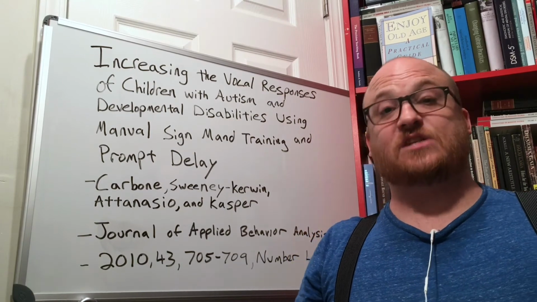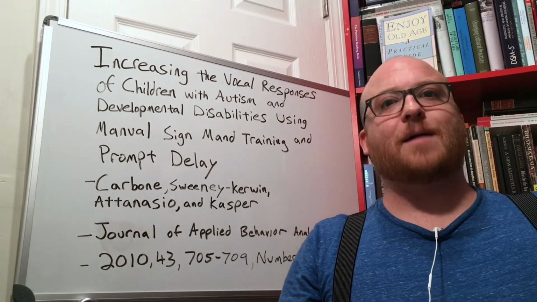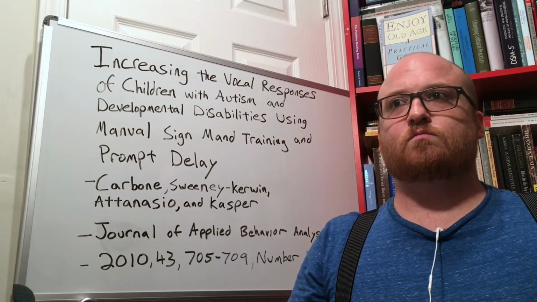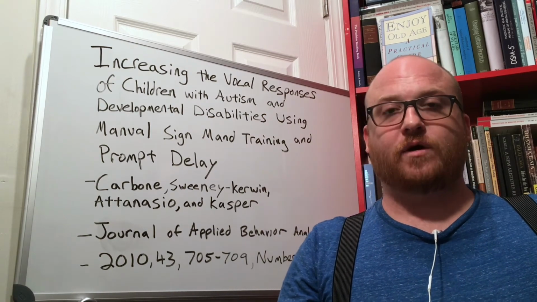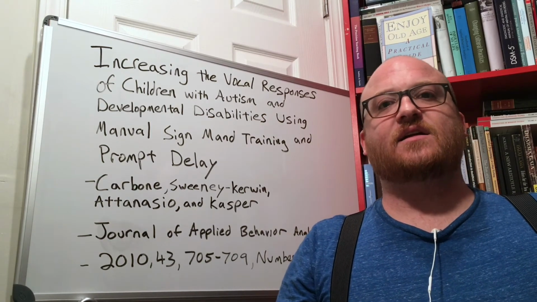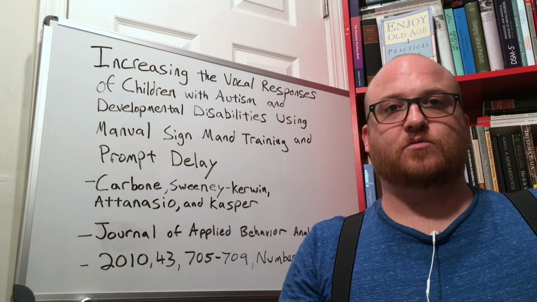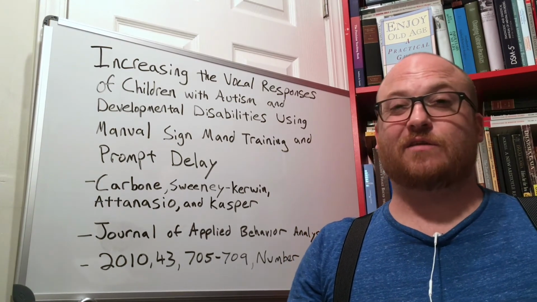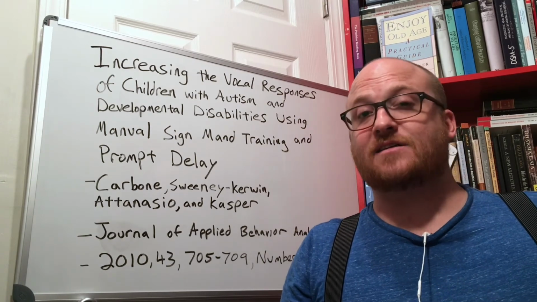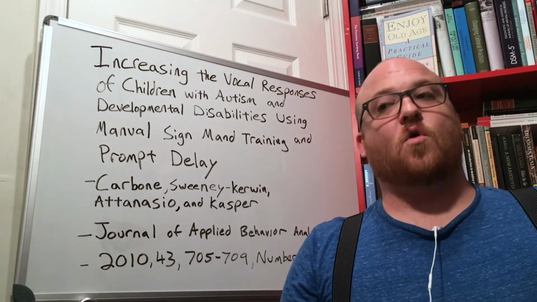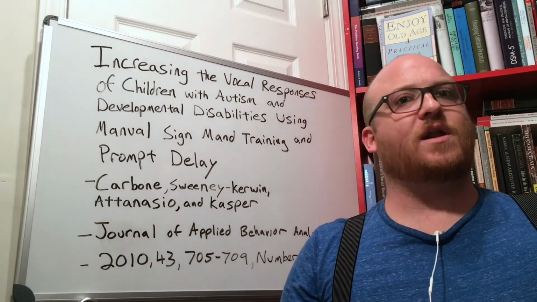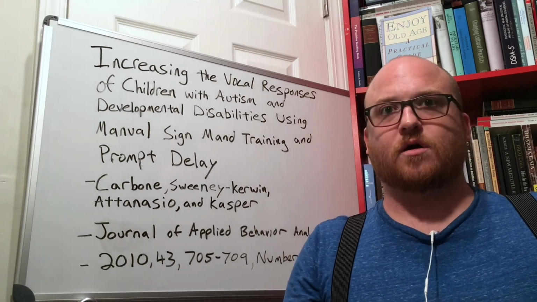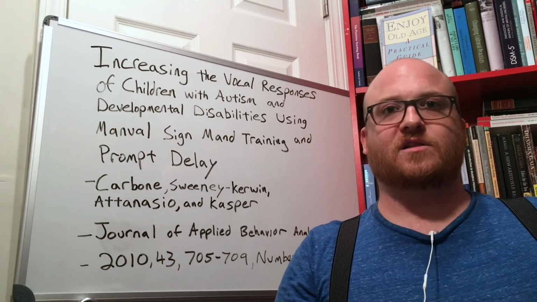We'll attempt to teach you how to say water because there's more opportunities to ask for water using vocal responding than it is to ask for water using manual signs. So it'll increase the likelihood of contacting reinforcement in the future if you can learn how to ask for water vocally. But if you can only ask for it using your hands or whatever method reliably works, do it. We don't want to lose that.